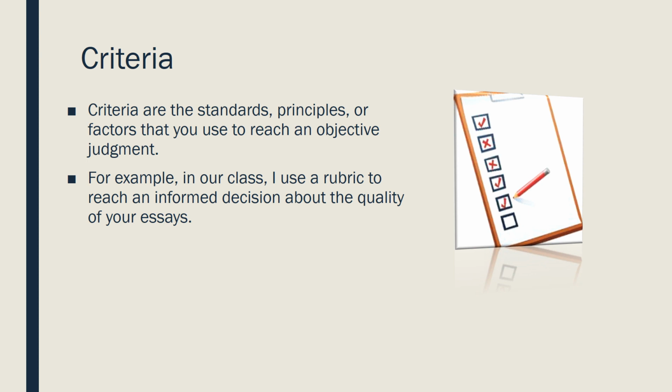So if I just went into a restaurant and had an opinion about the restaurant, that's totally valid, but I might not understand what my criteria are for evaluating the restaurant. So when we're thinking about a formal evaluation, you want to think about the standards or principles or guidelines that you're going to use to make that judgment. So if I were going to a restaurant to do a formal restaurant review, I'd want to think about my standards.